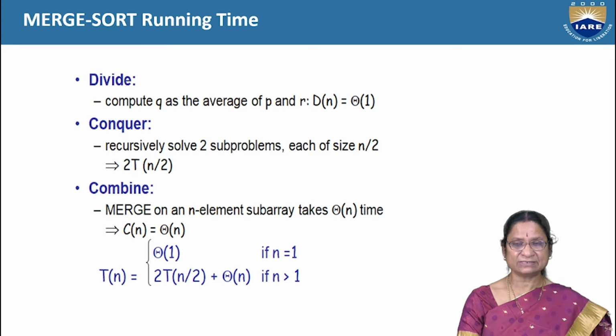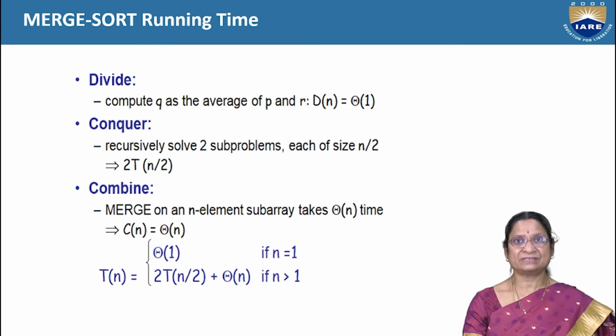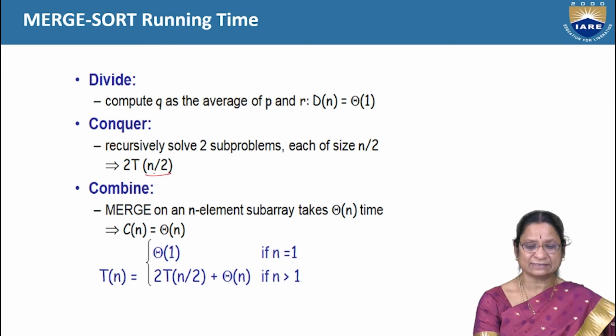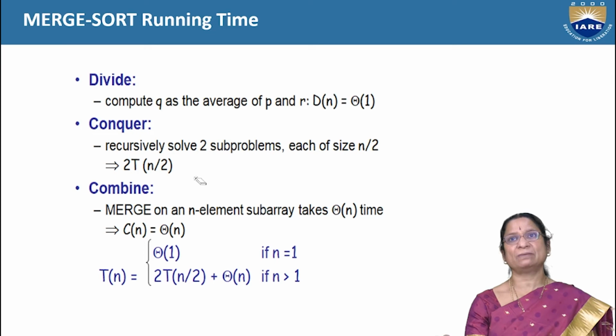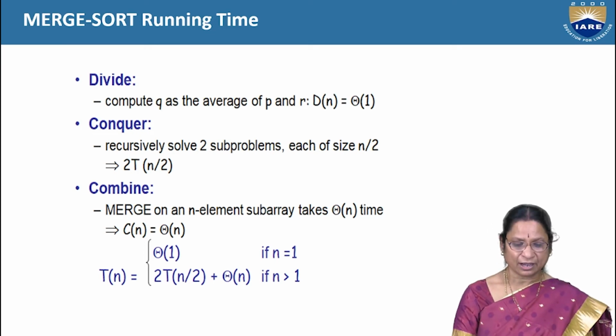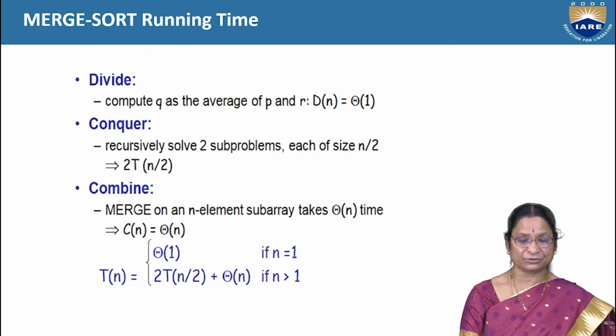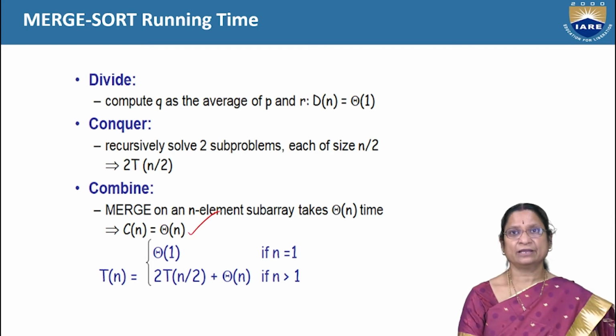Conquering means recursively solving 2 subproblems every time, each of half the size. So n by 2 is the size and there are 2 subproblems, so 2T of n by 2 is our conquering recurrence. Combining is the merging process, which we already discussed is theta of n, linear time.